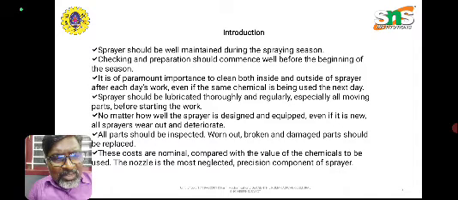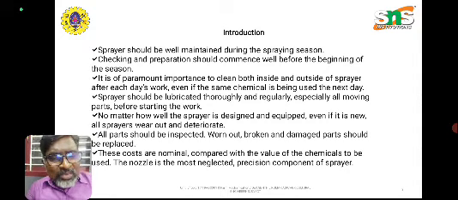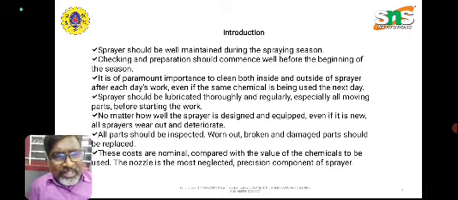No matter how well the sprayer is designed and equipped, even if it is new, all sprayers wear out and deteriorate. This is a common thing, whether it is a new or an old one, there are more chances of wearing out as well as deteriorating. Due to time, it leads to deterioration.